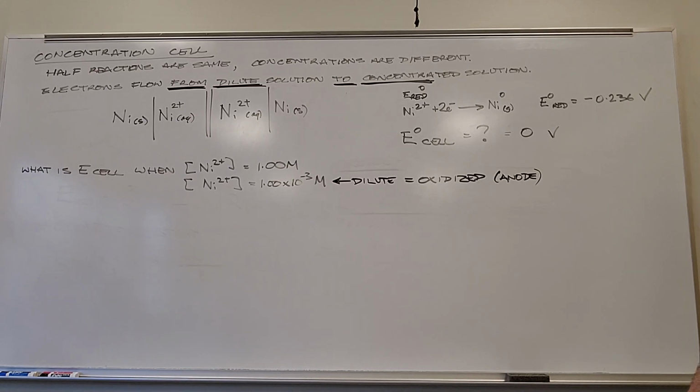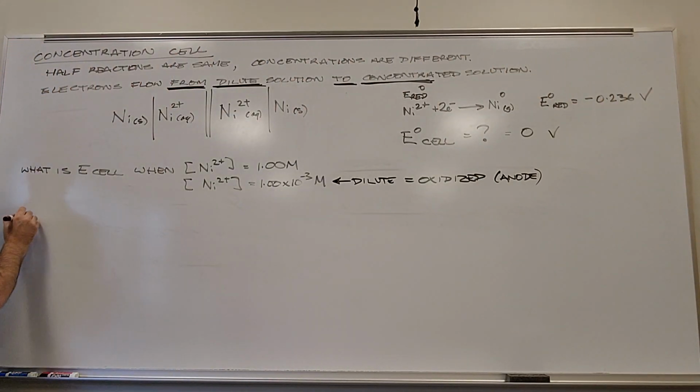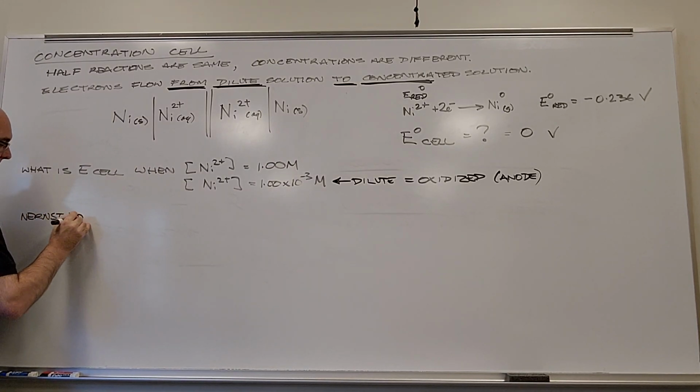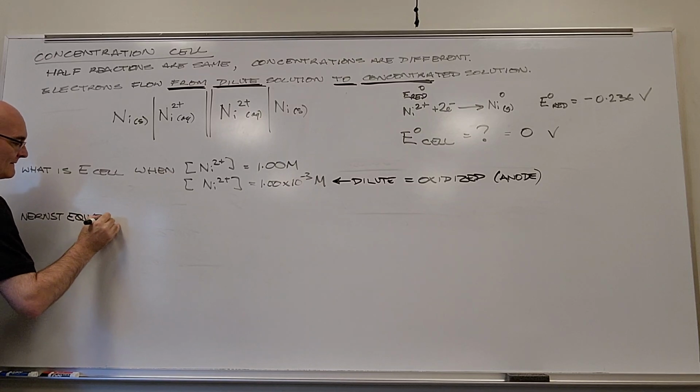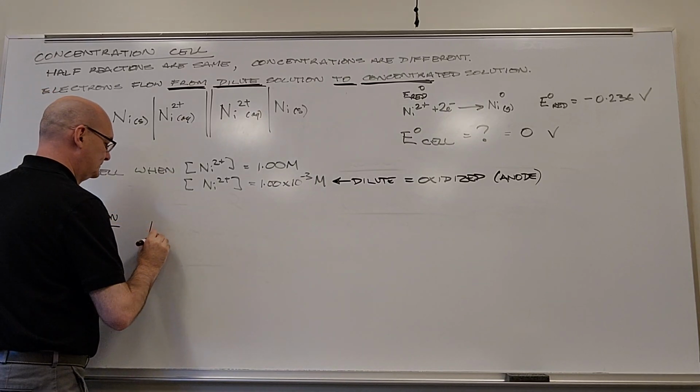I think the bottom one. We should have a convention for which one goes on top, shouldn't we? Yeah, it's the product, but is it the dilute or the concentrate? Would it be the concentrate since we're going from dilute to concentrate? The electrons are flowing that way, but that doesn't mean that the equation is, I think.